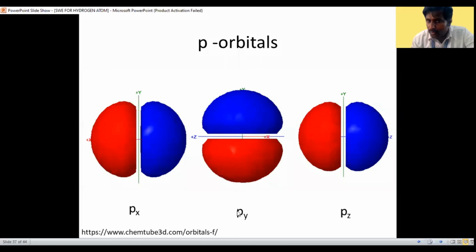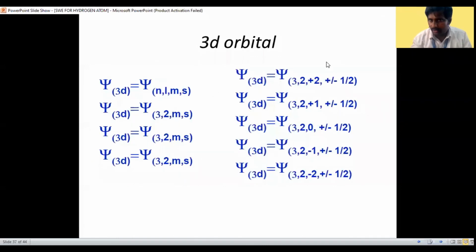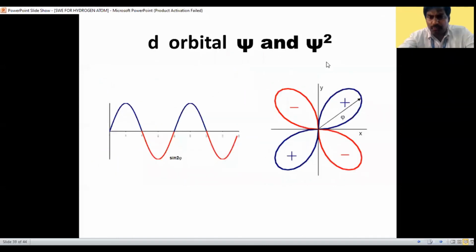And for py, through the y-axis, electron density is maximum. Along the axis, electron density is maximum. For pz orbital, through z, electron density is maximum. That's why the magnetic quantum number of pz is 0 and the magnetic quantum number of px and py is plus or minus 1.